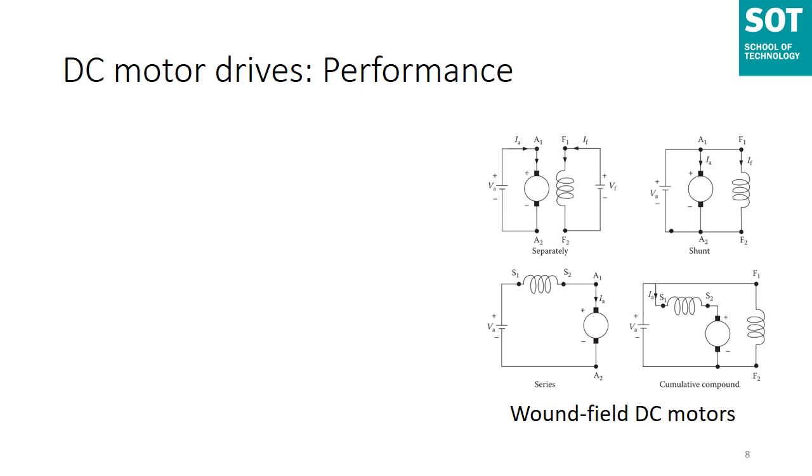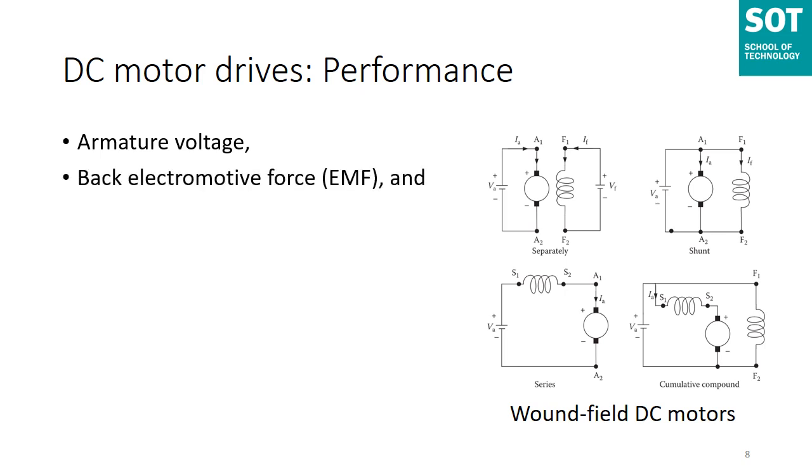Practically, the performance of DC motors is described by the armature voltage, back EMF, and field flux. Typically, there are 4 types of wound field DC motors. The classification depends on the mutual interconnection between the field and the armature windings.